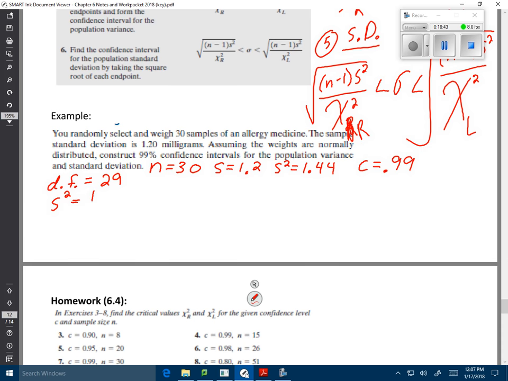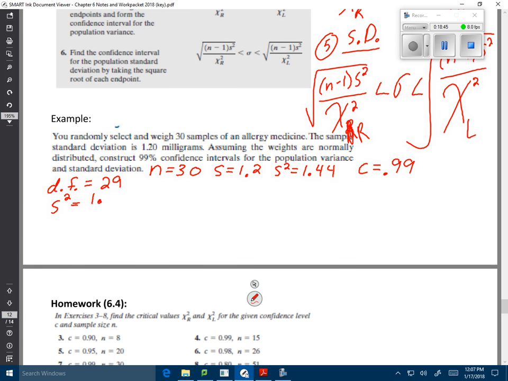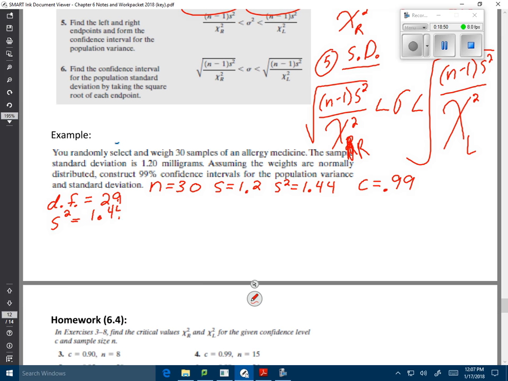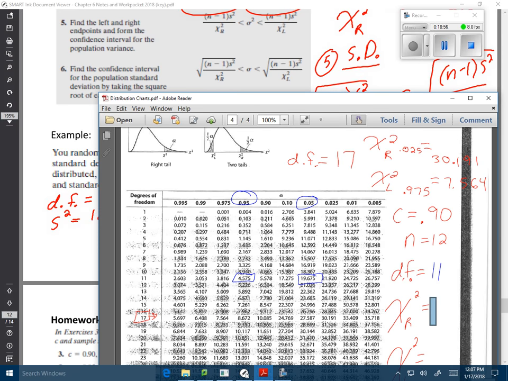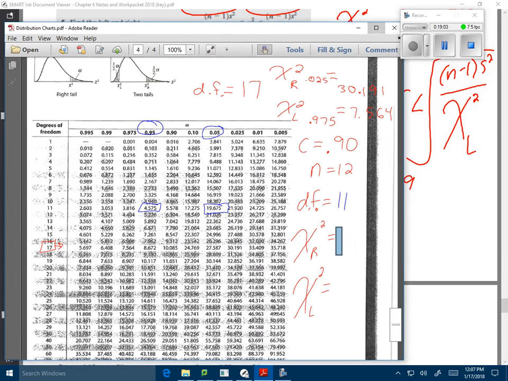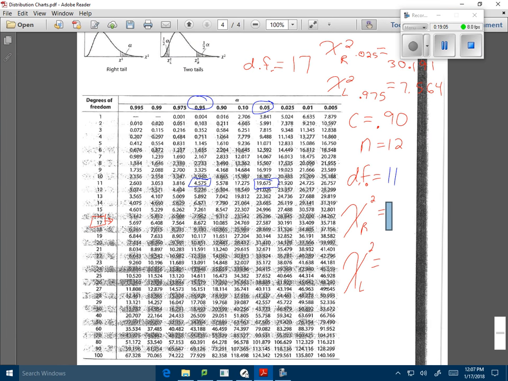Sorry about the screen, it keeps moving around. Now I'm going to go back to this chart. Let's go down, I'm going to go to 29. Okay, I find 29 on the chart.